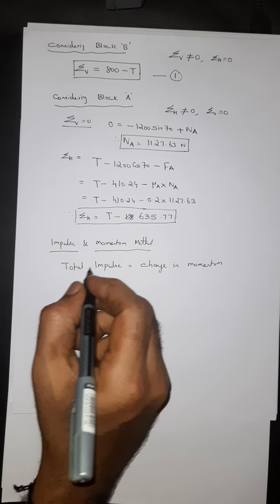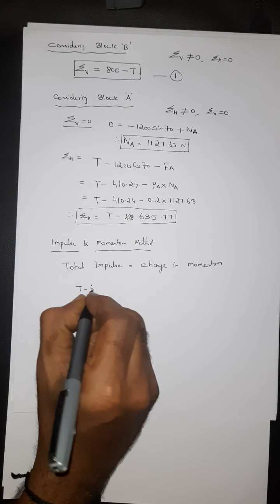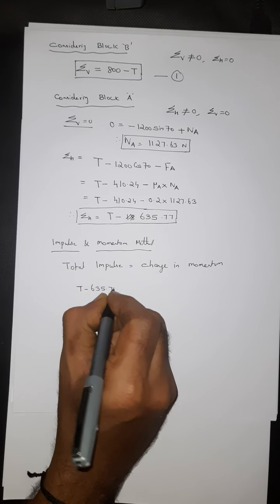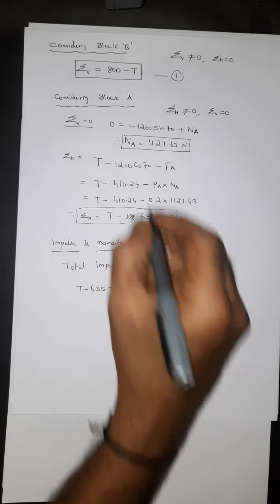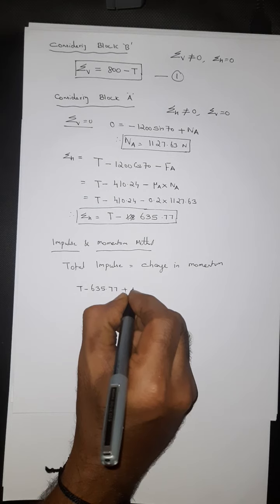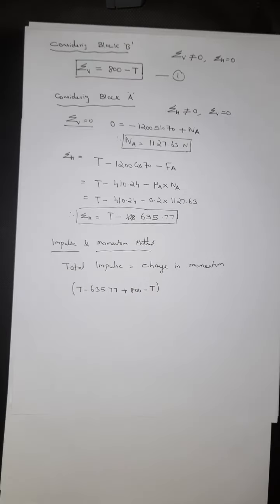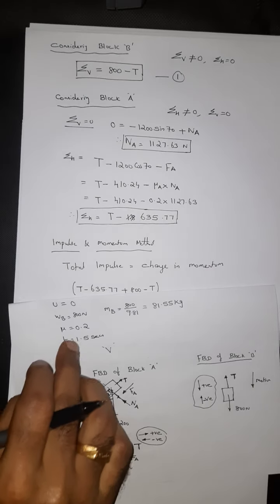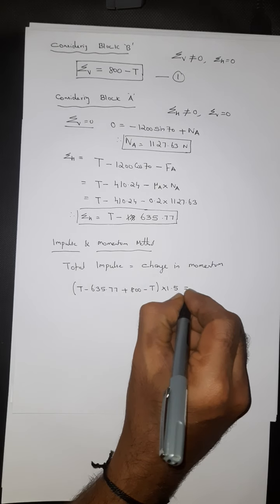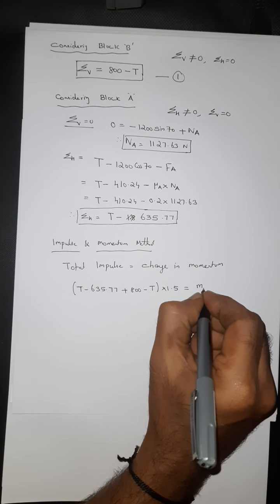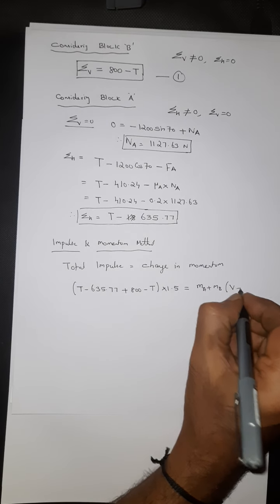So total impulse is block A plus block B. So T minus 635.77, plus block B, which is 800 minus T, into t. The value of t is 1.5 seconds. So into 1.5 equals the change in momentum, which is (MA plus MB) into (V minus U).